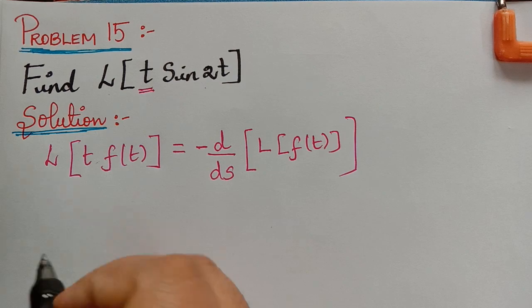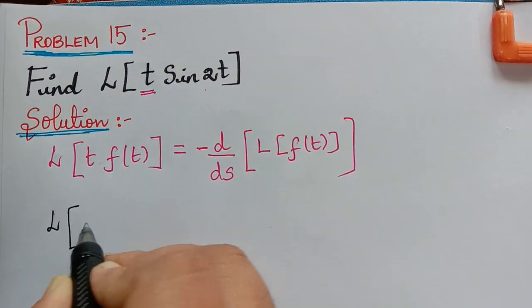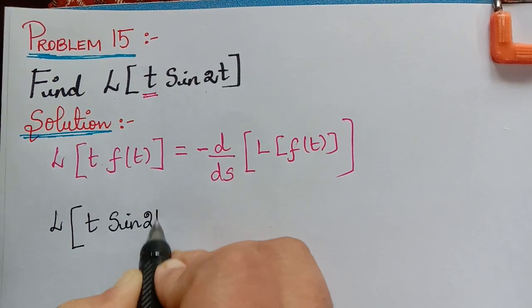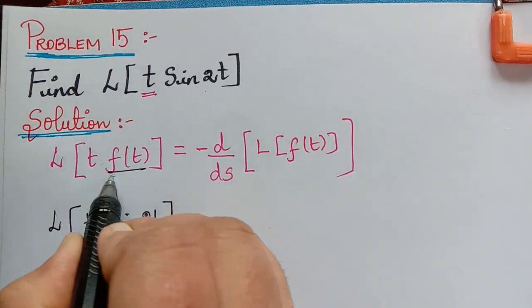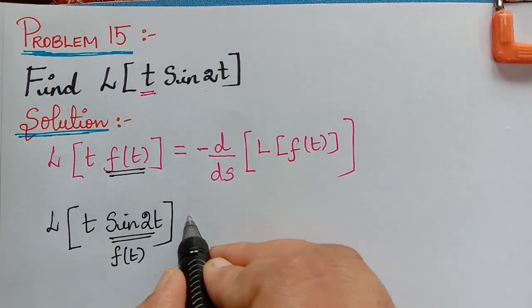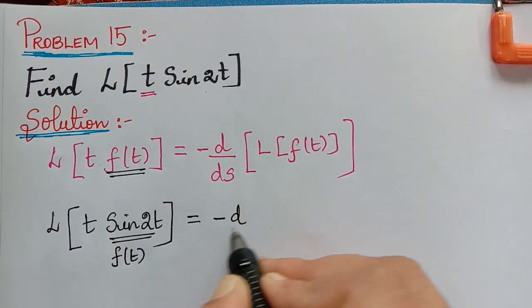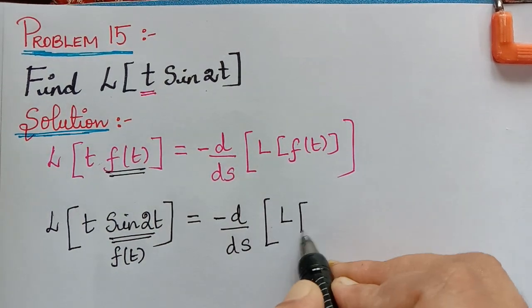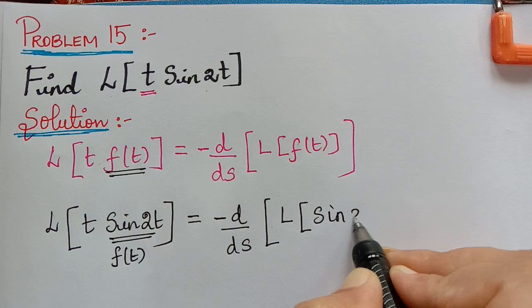Now in our question, we have to find the Laplace transform of t sine 2t. So we observe that here f of t is equal to sine 2t. Therefore it will be equal to negative d by ds of the Laplace transform of sine 2t.